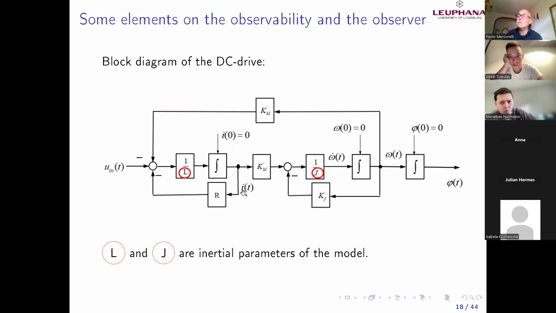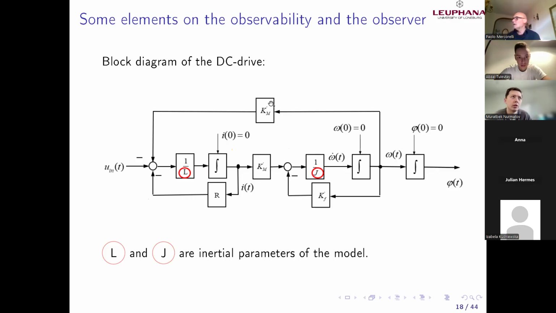The question was, is it possible to have information about omega? The answer is yes, because of the presence of this feedback in the system, structurally, physically in the system. Do you remember Lenz's law, Lenz's effect? Km or Ke, Km equal Ke.